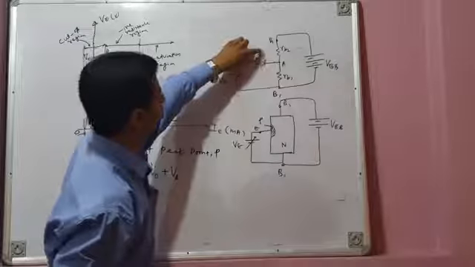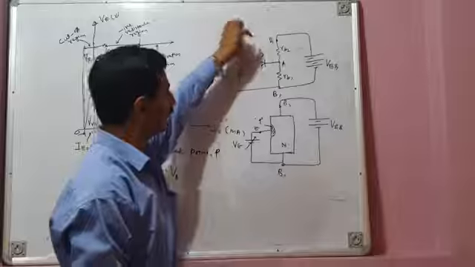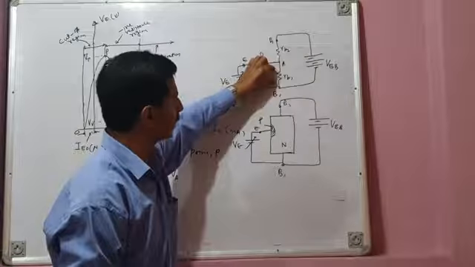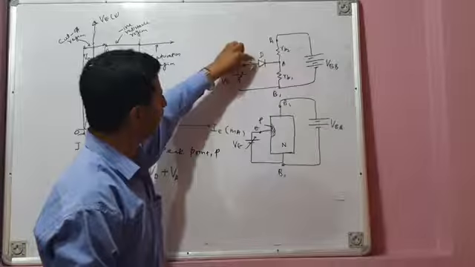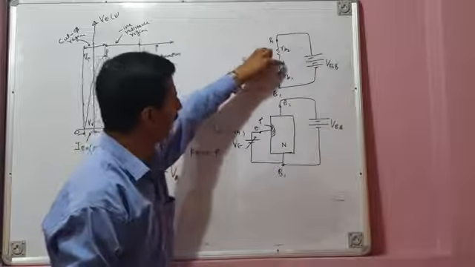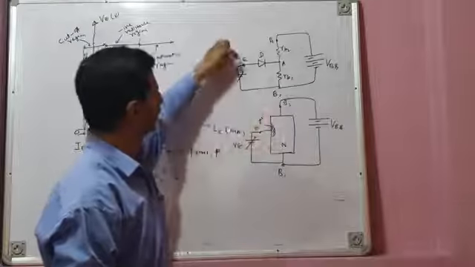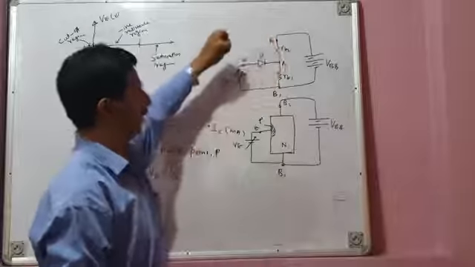Because we have a PN junction diode, its cut-in voltage is 0.4 to 0.7 volt. So this voltage has to be overcome, and then this voltage drop across this internal resistance is Va. So when VE is greater than or equal to this cut-in voltage and Va, that is, greater than or equal to Vd plus Va, this emitter potential becomes more positive than this potential.